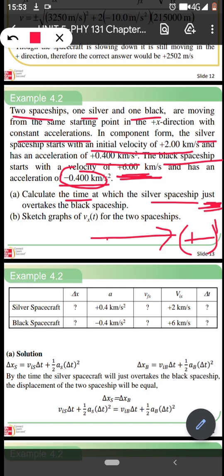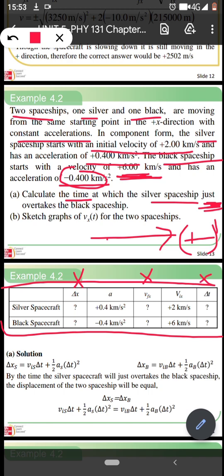Here they've identified the variables. We don't have displacement, we don't have their final velocities, and we are not given time. This is what we need to calculate, especially when they overtake each other.